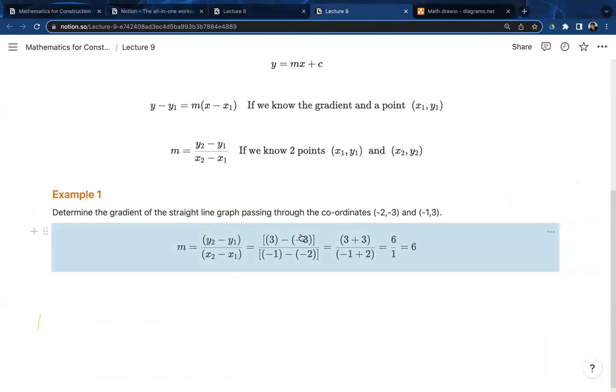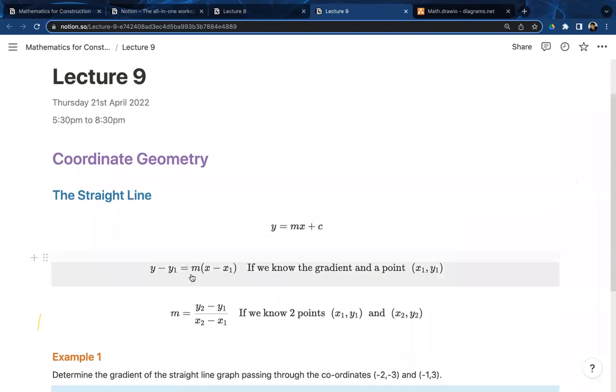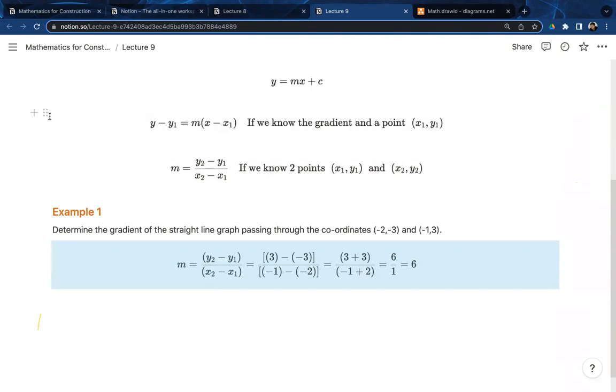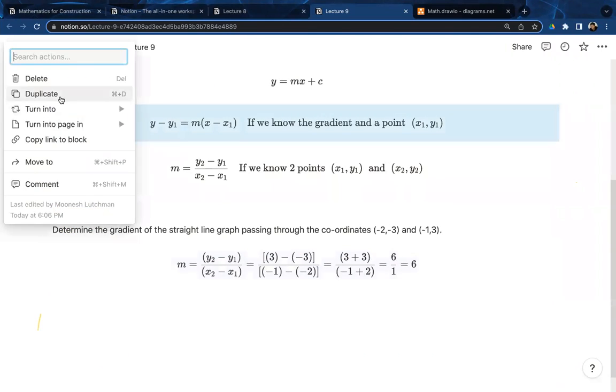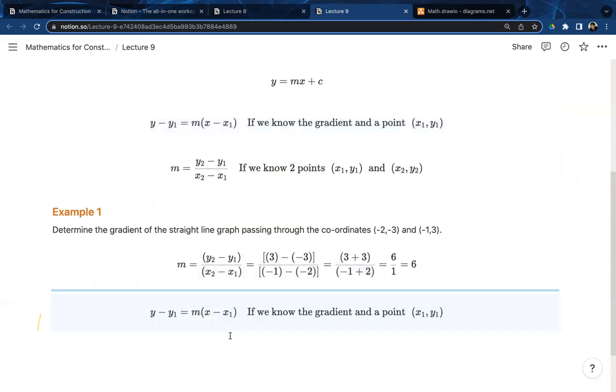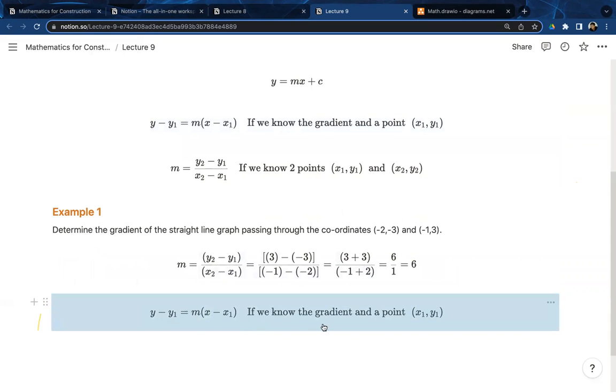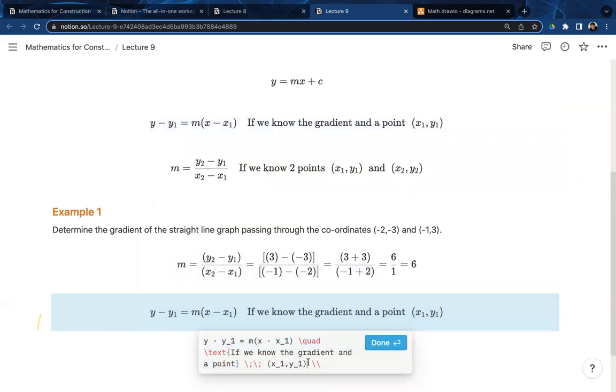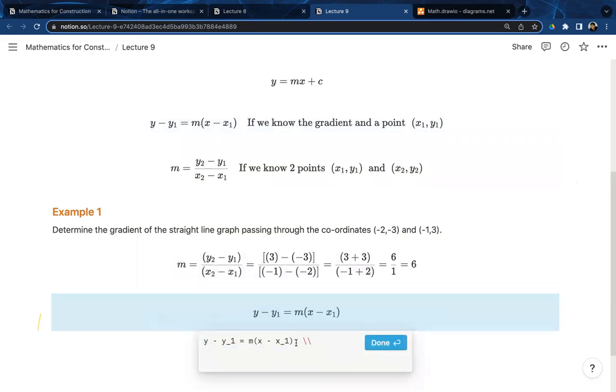After I find the gradient, we need to use one of the coordinates to plug it into this formula here, right? To find the equation. So I would say it doesn't matter which point you use, right?